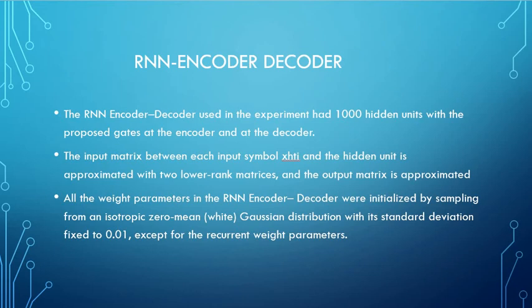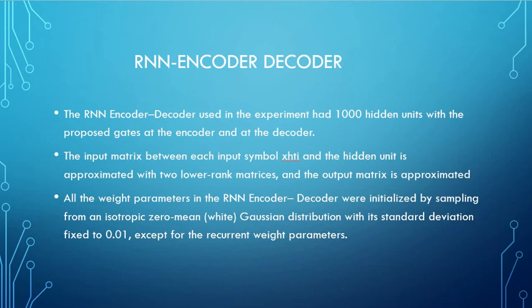with its standard deviation fixed to 0.01, except for the recurrent weight parameters. They also use Adadelta and stochastic gradient descent to train the RNN encoder-decoder with hyperparameters.